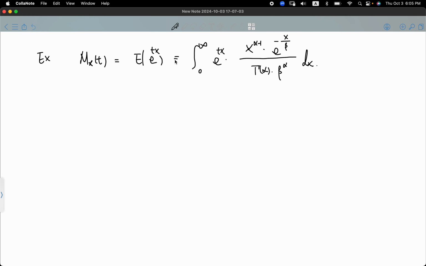So this is just a definition for the expected value. Now by looking at this term here, does anyone have any thought on how to simplify this? We are seeing three different x's here.